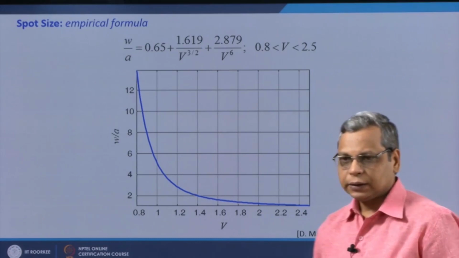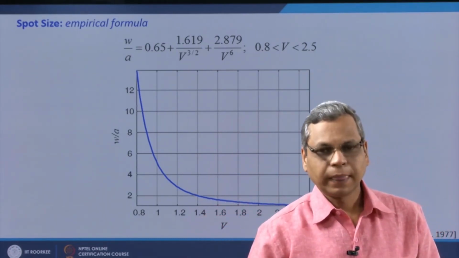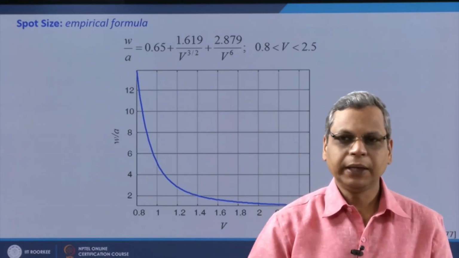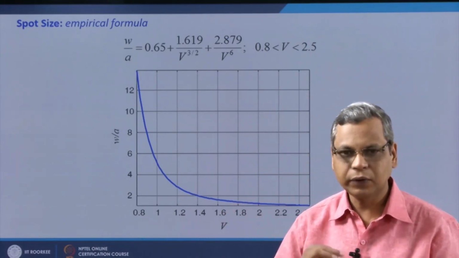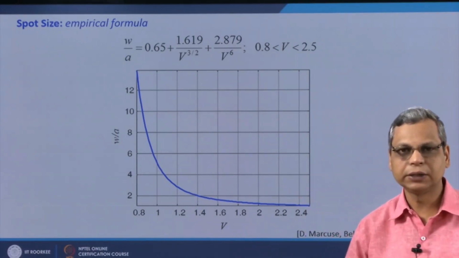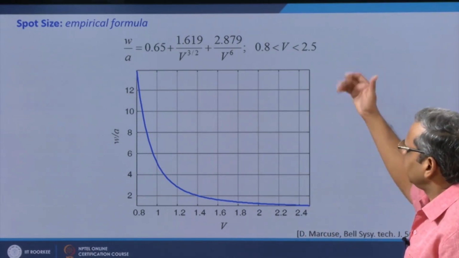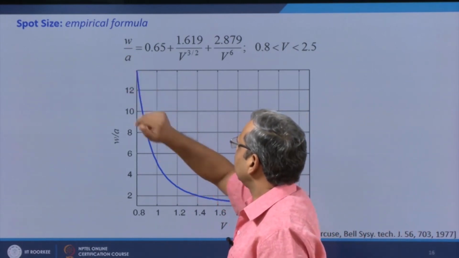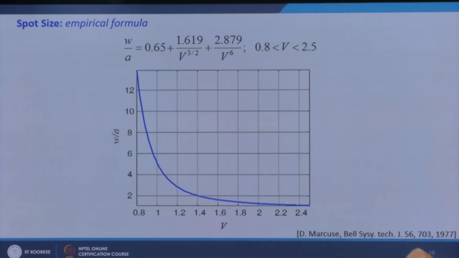Then I tend to think, just in the same way I have defined an empirical relation between the propagation constant and V, can I do the same for the spot size also, so that I need not fit this Gaussian all the time? So there is an empirical relation which relates the spot size with normalized frequency V, and it has been given by D. Marcuse.